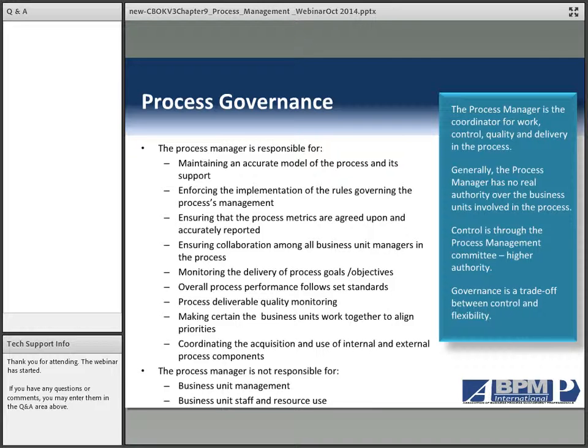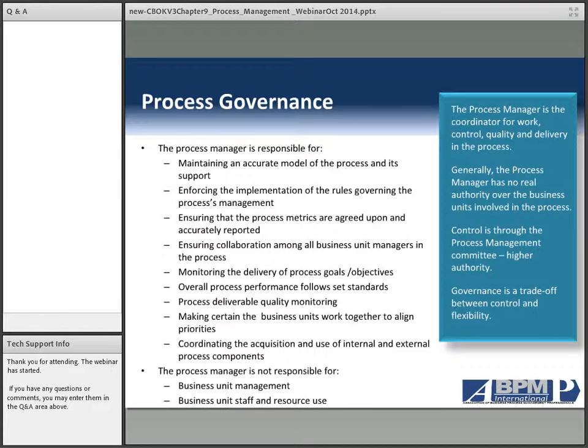The rules will evolve. The committee will first come up with a fairly simplistic set of rules, and then based on need and experience, those rules will evolve. The instantiation of those rules is the foundation of process governance itself. So as you move forward, that process governance will evolve.